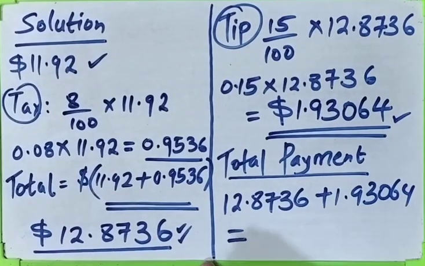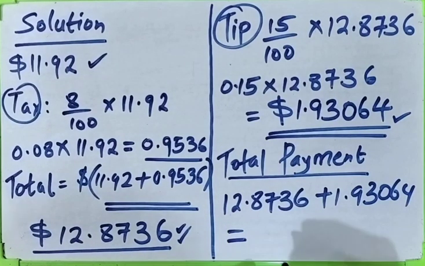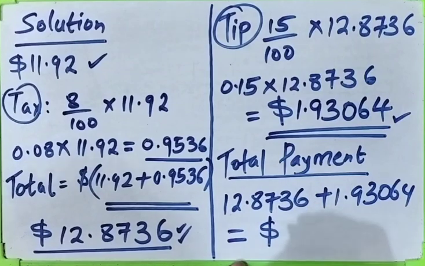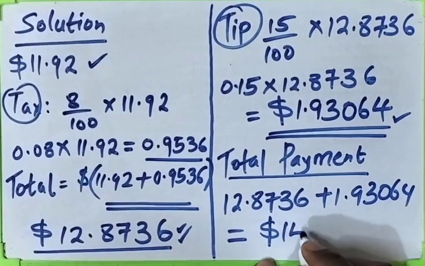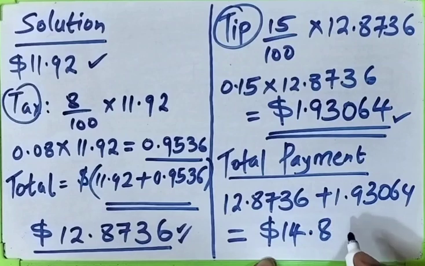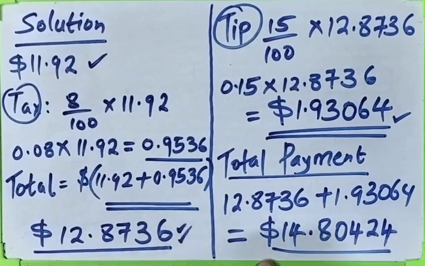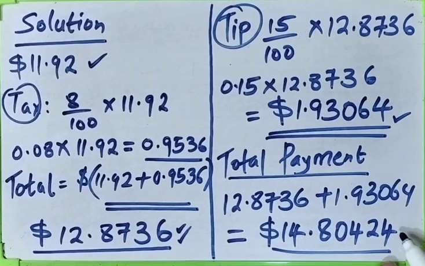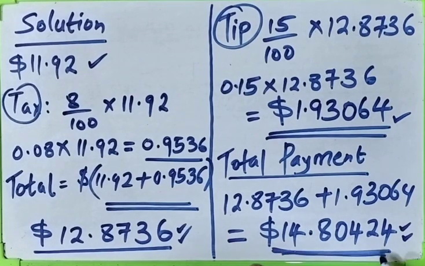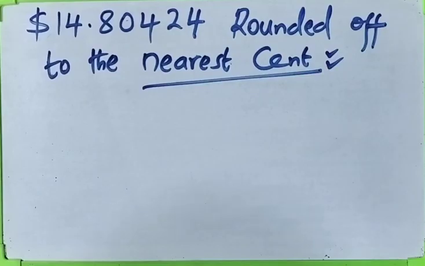This is equals to 14.80424, and of course the units are dollars. Now at this point we have one more point to go, that is rounding off our money, our dollars, to the nearest cent. How do we round off this to the nearest cent?